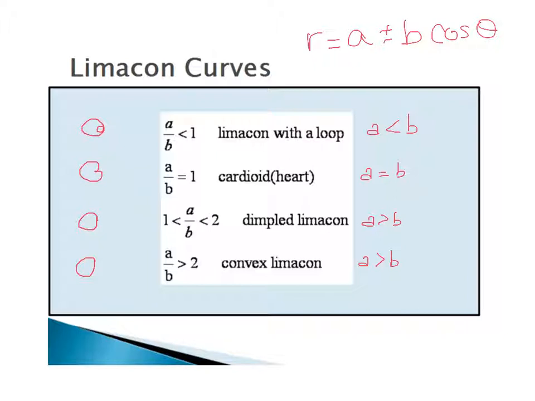There's one other thing that I want to talk about, and that has to do with how big you make the Limacon. Well, this B value and this A value help determine that.